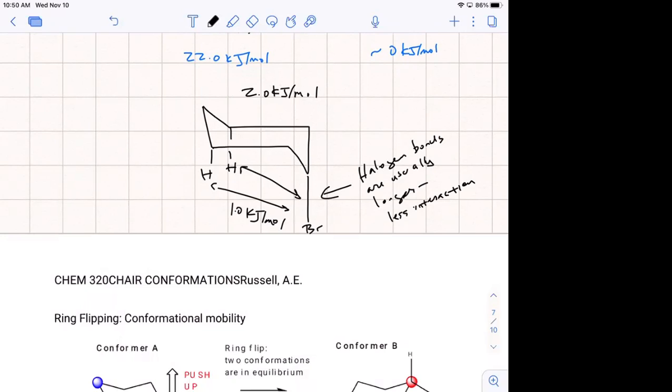That's why when you see substitution reactions, the halogens are excellent leaving groups because the bonds are just not very tight, especially iodine and bromine. Fluorine is an exception because it's a small atom and the electrons are held really close to the nucleus. So those are tight bonds, and that's why you don't see those used as leaving groups as much.